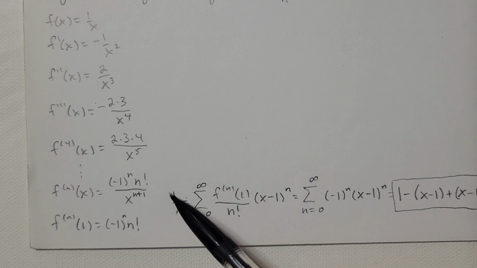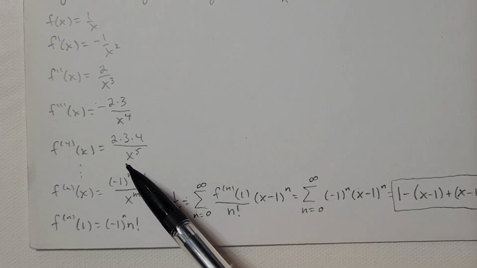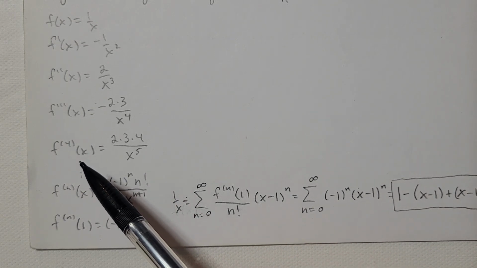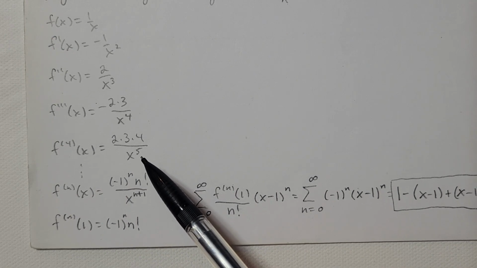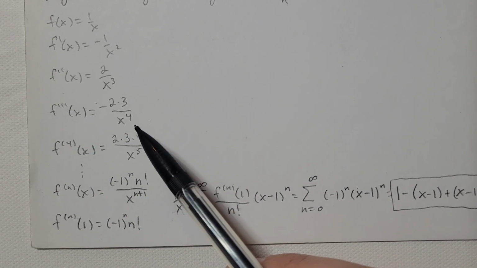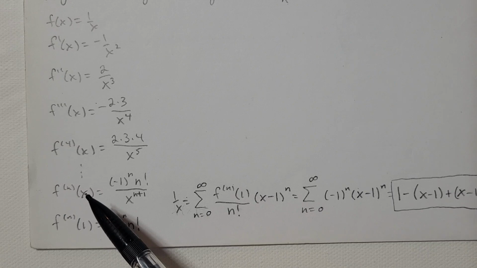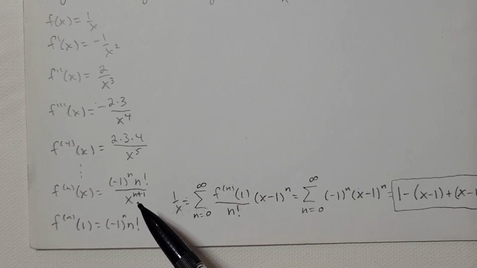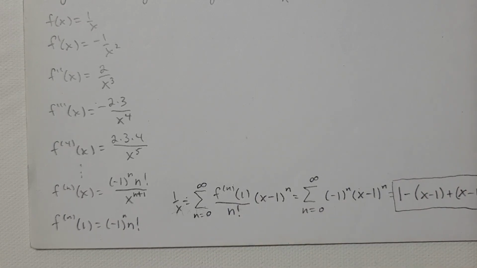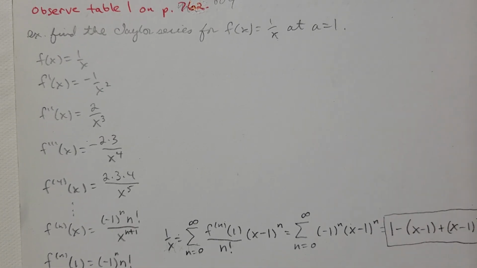Okay, and you're dividing by x to the whatever the number derivative you're on. It looks like the power is going to be 1 more than that. So if I'm on the nth derivative, I'm going to have the power of n plus 1 there. Okay, so then let's see, the Taylor series, a is 1.